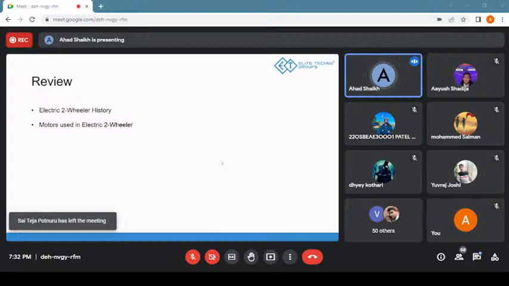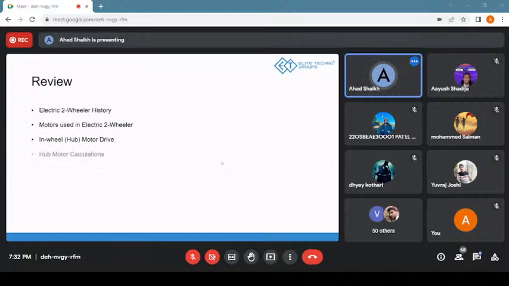Then we talked about what different two wheelers are there in the market and what could be the futuristic models. Then we discussed in detail what hub motors are, how they work, and we saw certain calculations that can be performed to understand the maximum speed we can achieve using the BLDC hub motor. Then we looked at certain limitations of hub motors, in terms of efficiency and torque.